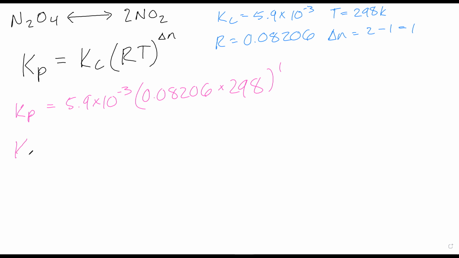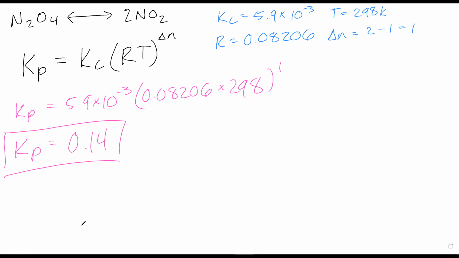And that gives me a Kp of, plug it into your graphing calculator to figure it out, 0.14. If anybody wants to check that, they can. I may have accidentally plugged in a number wrong into my graphing calculator, but I'm pretty sure it is this. Yeah, that's all right. All right, cool, sweet.